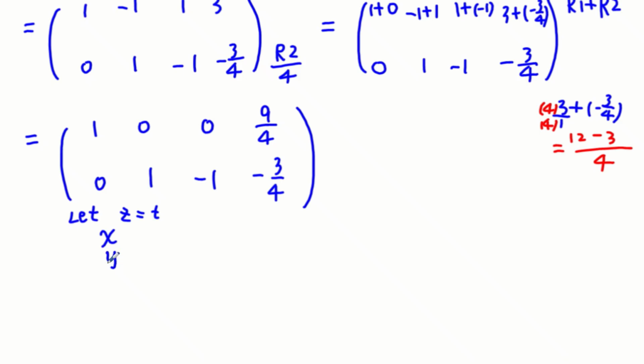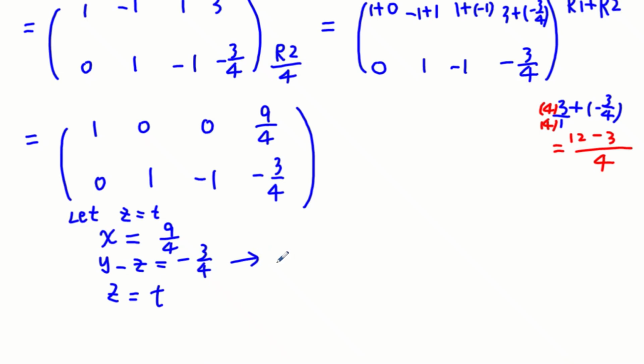So x, y, z, introduce one variable. z equals t. x plus 0y plus 0t equals 9 over 4. And for y, 0x plus y, so this one is y minus z equals -3 over 4.